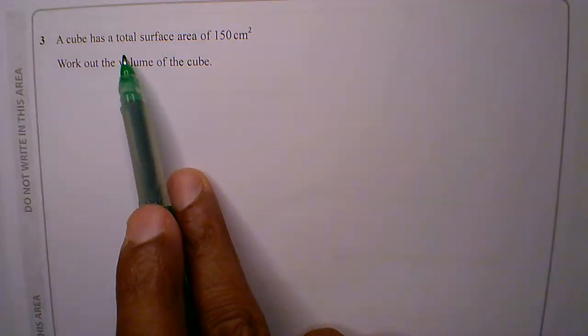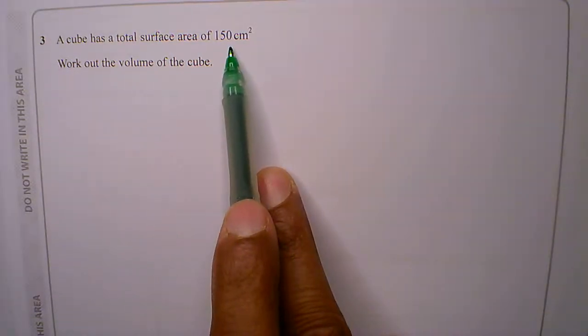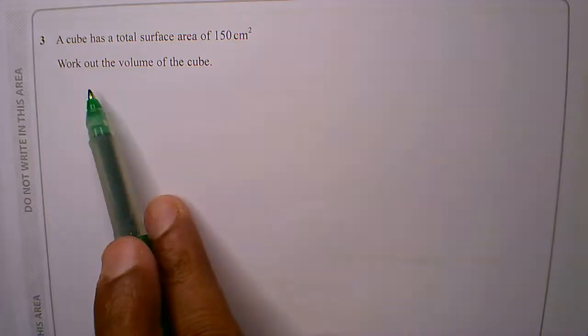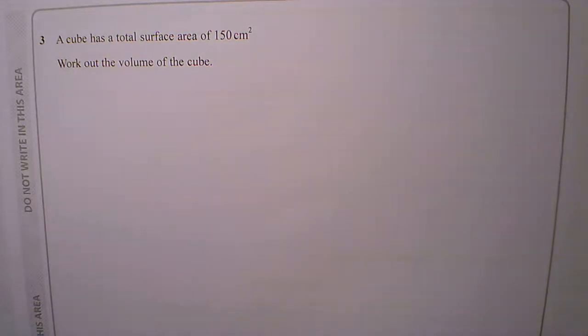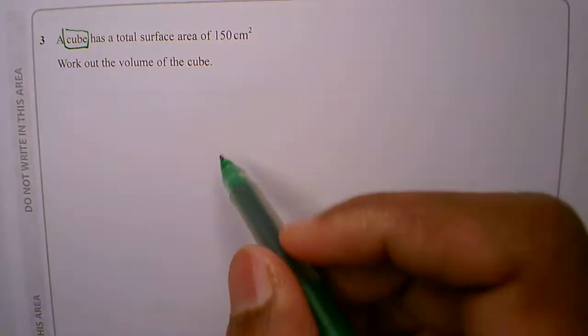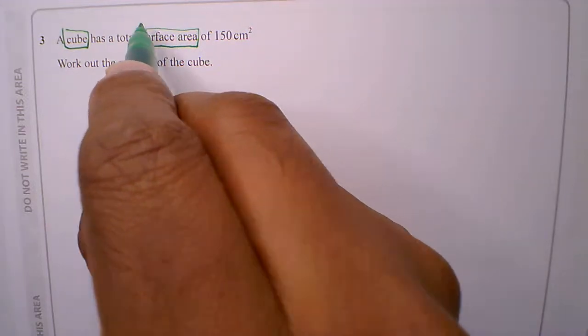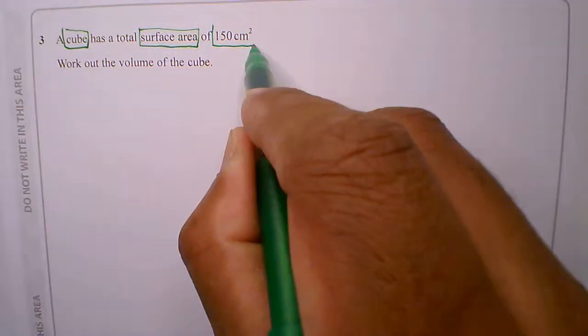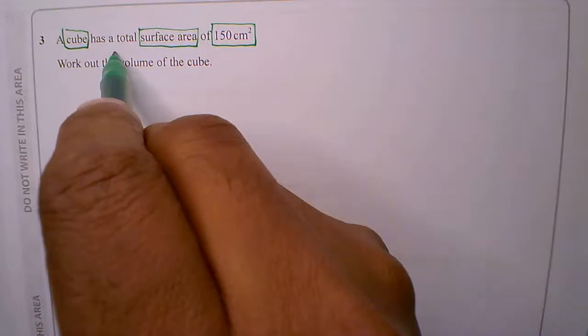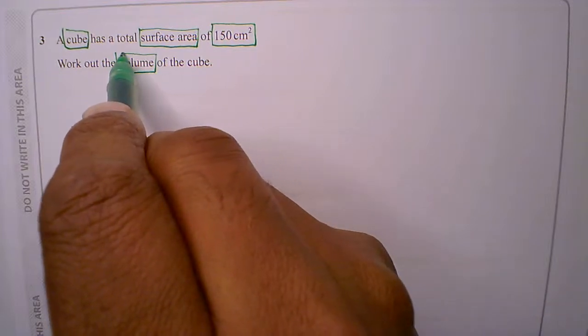A cube has a total surface area of 150 centimeters squared. Work out the volume of the cube. So we've got a cube. We've got the surface area, 150 centimeters squared. And we've got the volume.